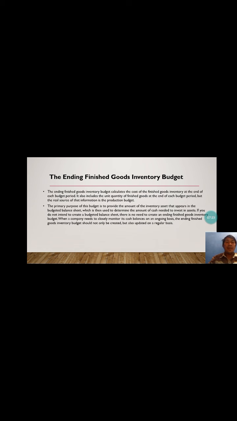If you do not intend to create a budget balance sheet, there is no need to create an ending finished goods inventory budget. When a company needs to closely monitor its cash balance on an ongoing basis, the ending finished goods inventory budget should not only be created but also updated on a regular basis.